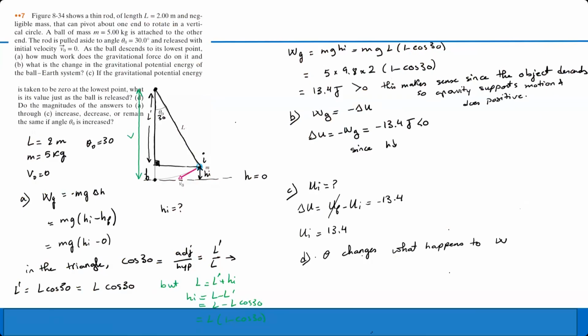H initial will be different. Namely, let's see, if I increase the angle, then the initial height should be more. You increase the angle here, cosine of the angle becomes less. So yeah, the initial height becomes more. If the initial height is more, then the work done is more.